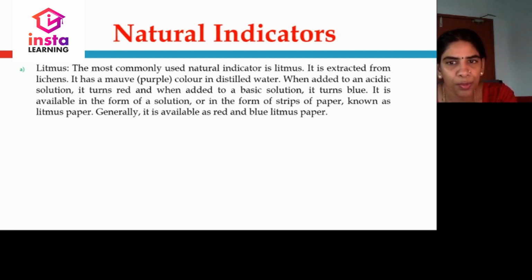When added to a basic solution, it turns from purple to blue. It is available in the form of solutions and strips of paper known as litmus paper. Generally, it is available as red and blue litmus paper for our convenience.